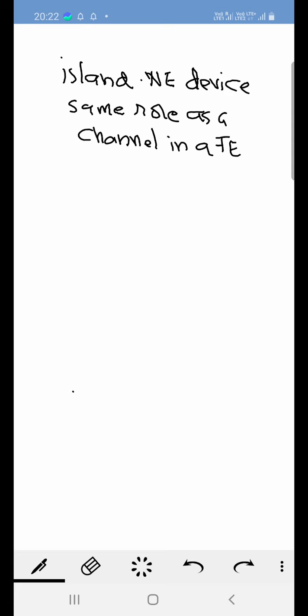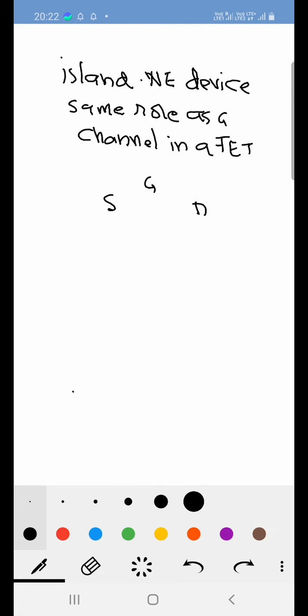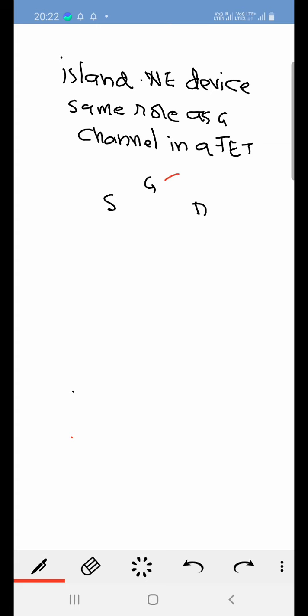Now, what is a channel? In a field effect transistor, there is a source, there is a drain, and there is a gate. Any voltage applied to this gate regulates the current that flows between the source and the drain, and the area through which the current flows is called the channel. And so this island plays the same role as the channel in an FET.